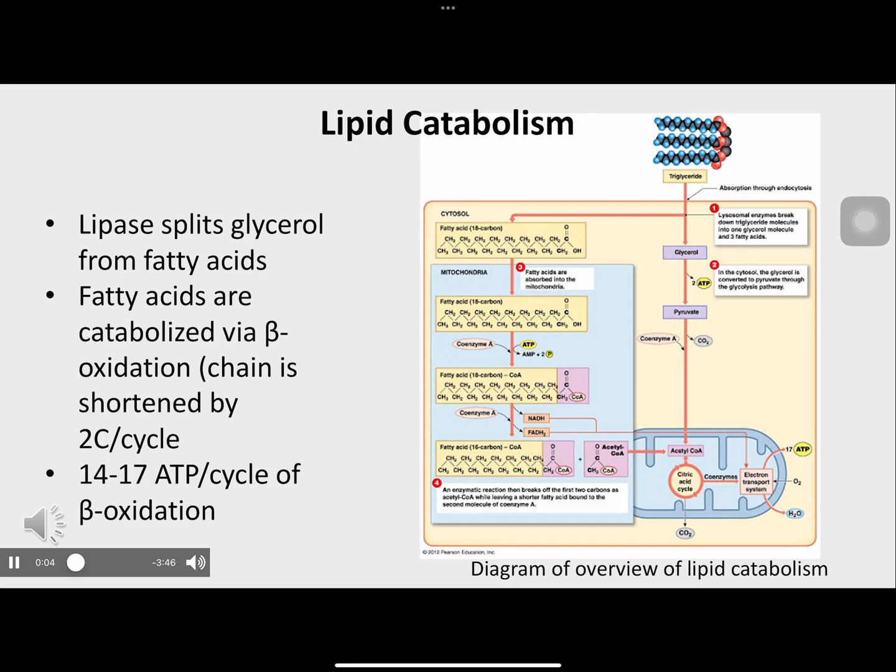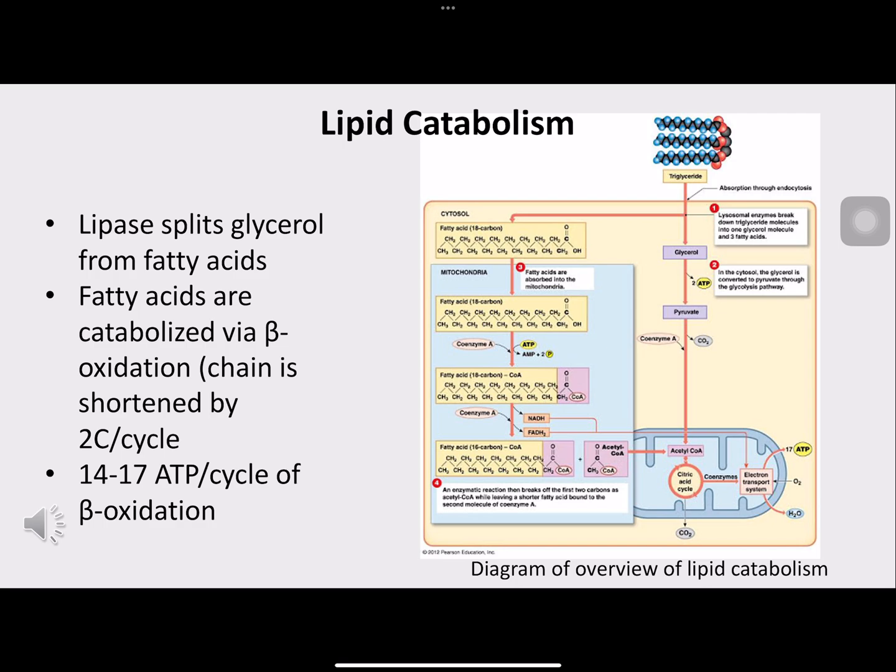So, as shown on the previous slide, and now in more detail on the figure of our current slide, what we have at the top of our figure is a triglyceride of fat, and that's going to be absorbed into the cell where lipase, an enzyme in the lysosome, those little stomachs that contain digestive enzymes, will break down the triglyceride into glycerol and then the three fatty acids.